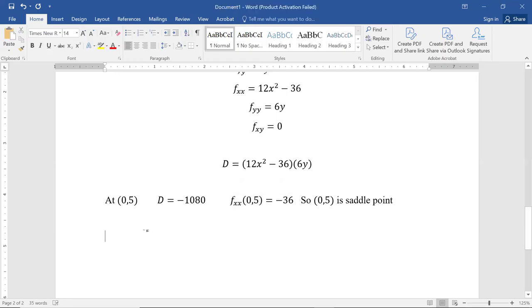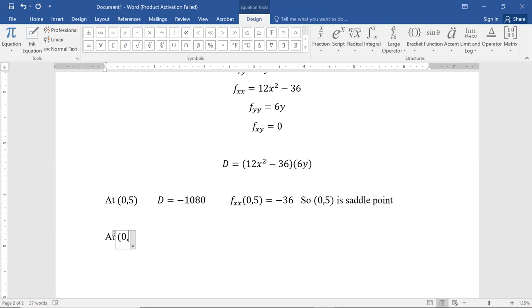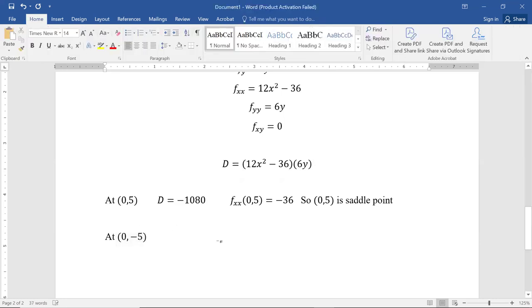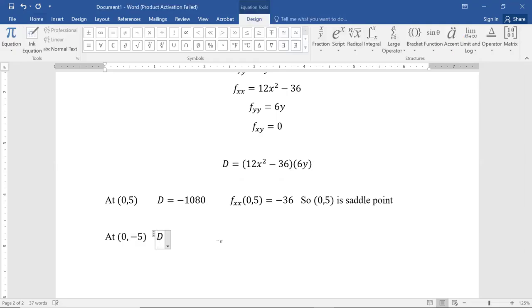Let's do another point. So at (0, -5), some people will use the notation d and then inside of parentheses put (0, -5). I don't like to do that. So I'll just write at that point, d is equal to this.